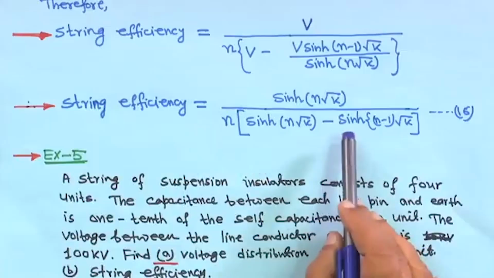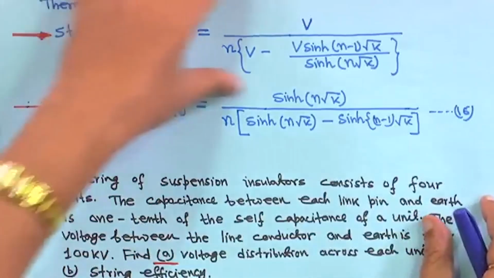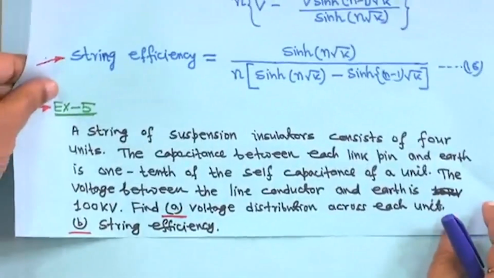The receiving end is the earth side, that is the tower side, earthed and short circuited. So the receiving end voltage is 0, and using the same long transmission line voltage expression, you can get all the voltages as well as the string efficiency. This calculation would of course be more accurate, but the difference will be very small. Later we will see an example.